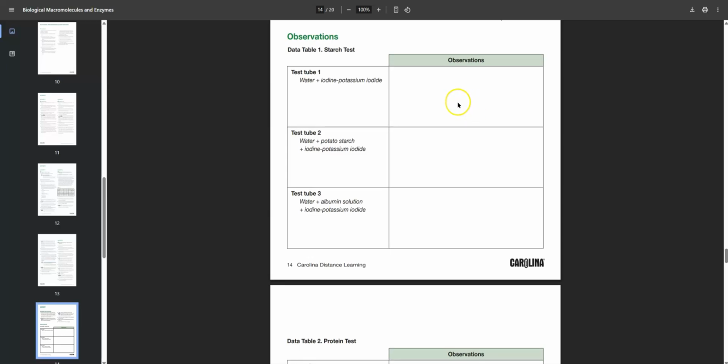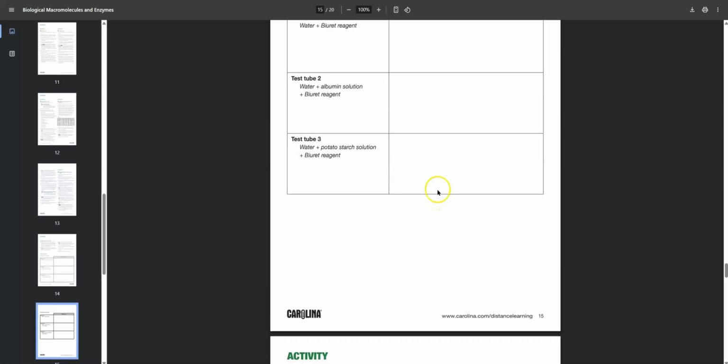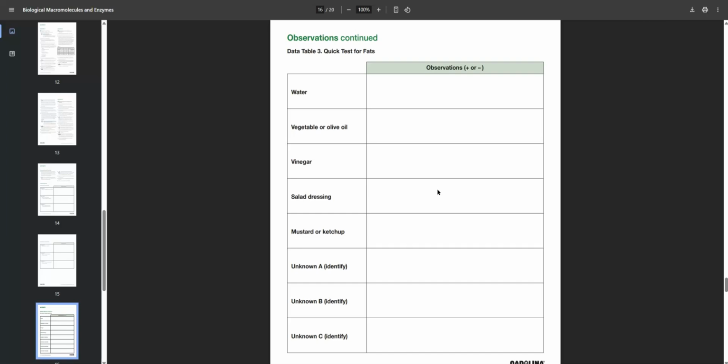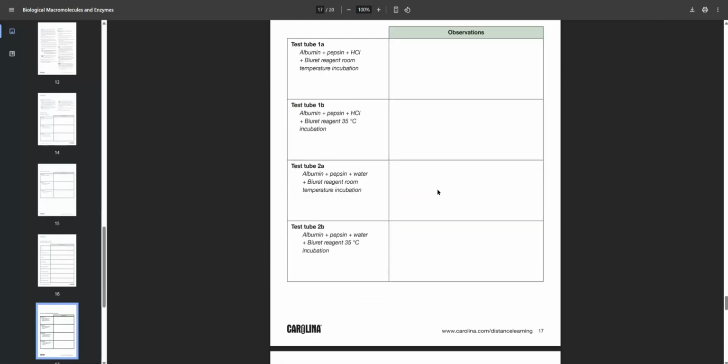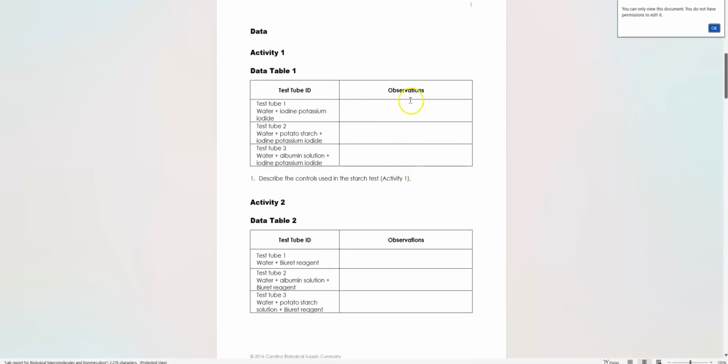All of these have data tables associated with them. You want to be very detailed in your observations of what's happening for each one of these tests. And again, this is going to be in your lab report. So you want to be detailed.